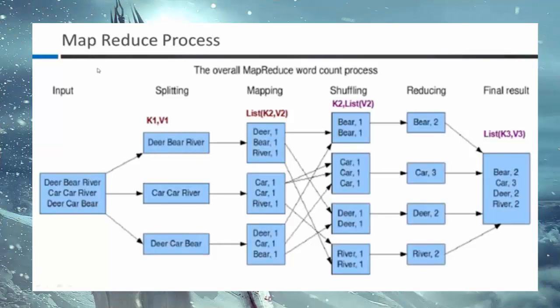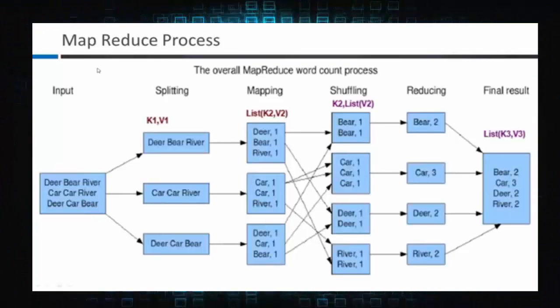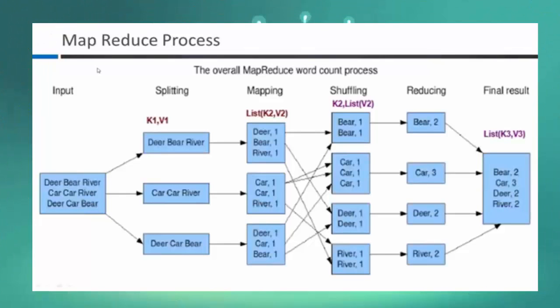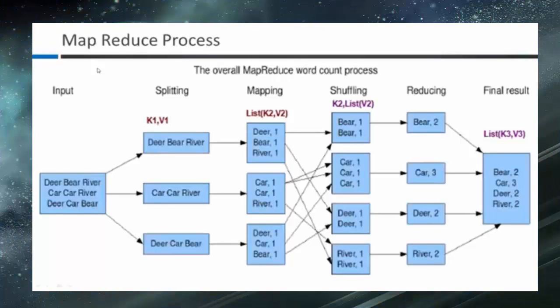If it was like deer, bear and deer, then it would come twice, but the number 2 will not come here. It will come like deer 1, another deer 1, something like this. Look at this example, can you see? Car is coming twice. So this is how it will be done. There is no calculation happening here.